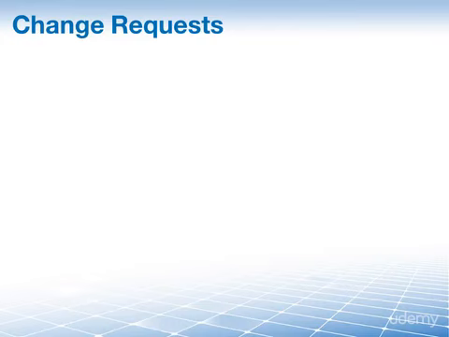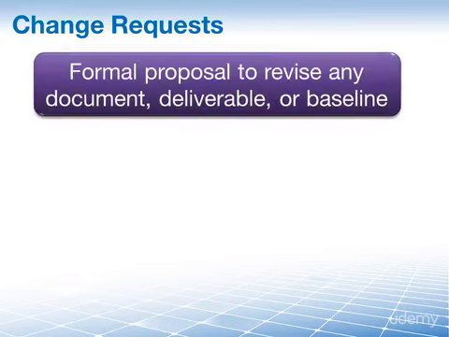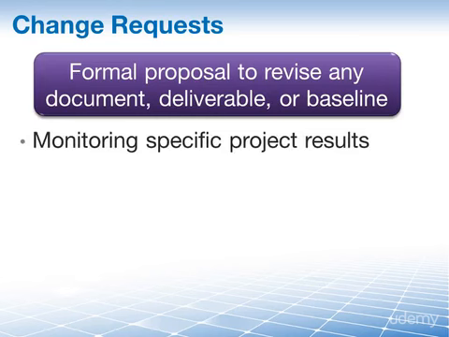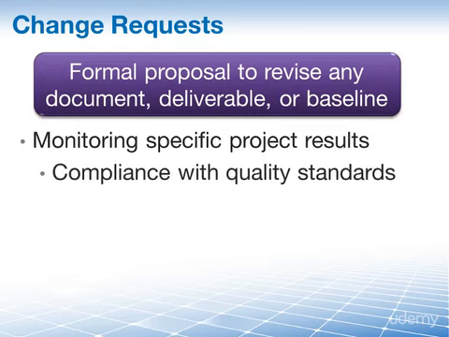The PMBOK Guide defines our next output, a change request, as a formal proposal to modify any document, deliverable, or baseline. The control quality process involves monitoring specific project results to determine whether or not they comply with the defined quality standards.